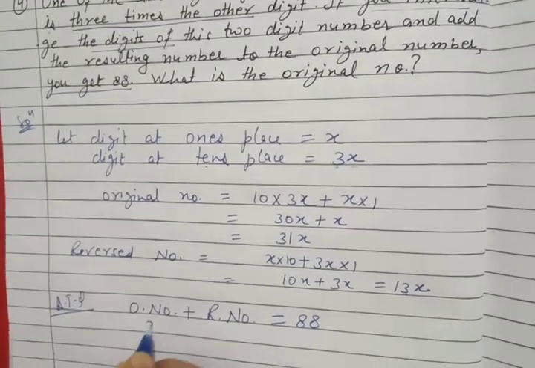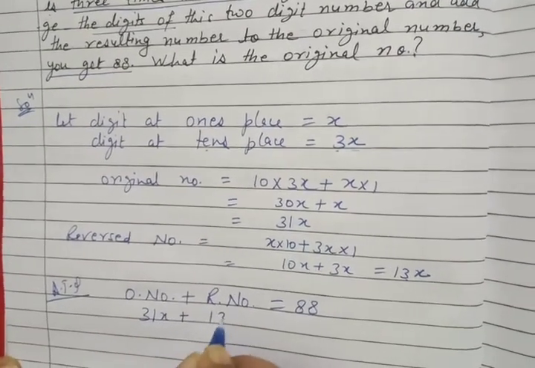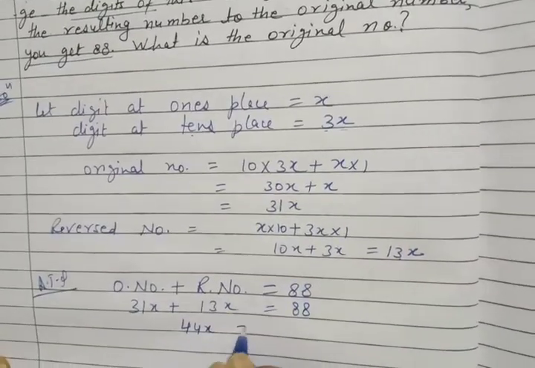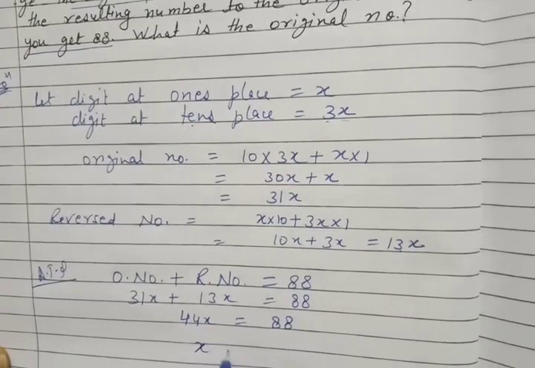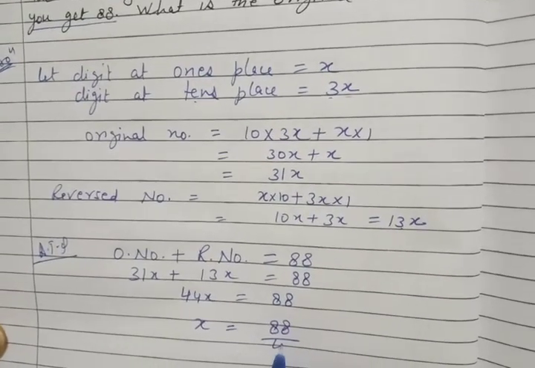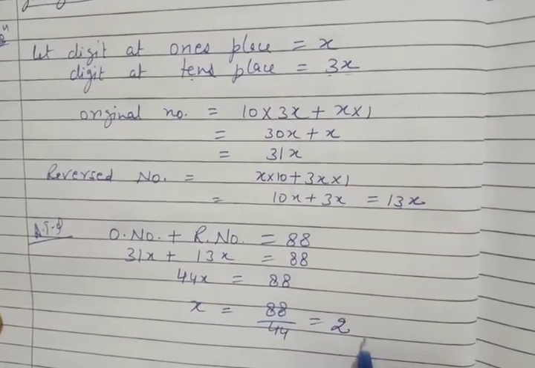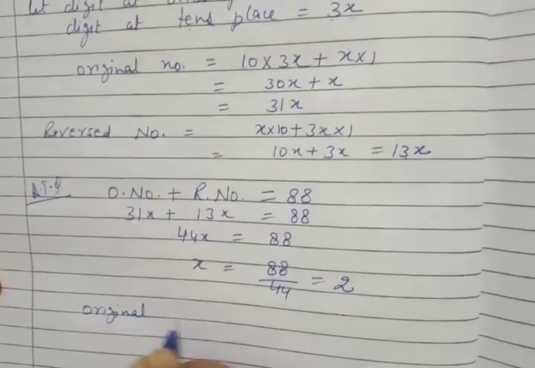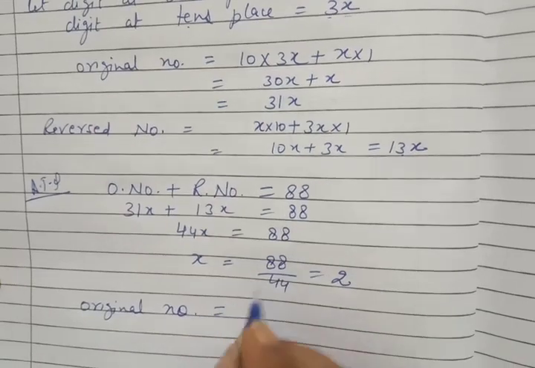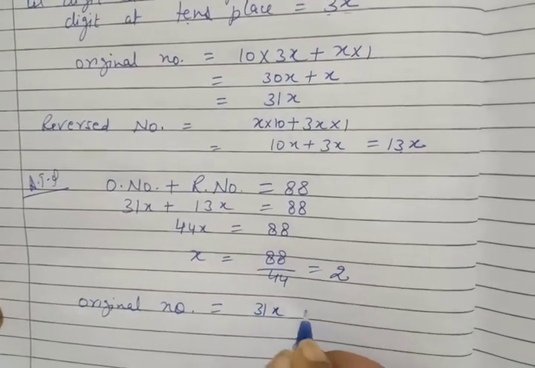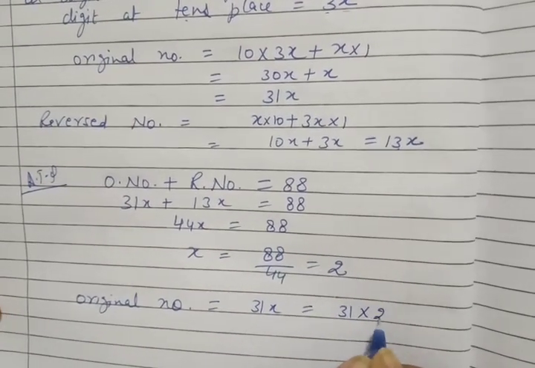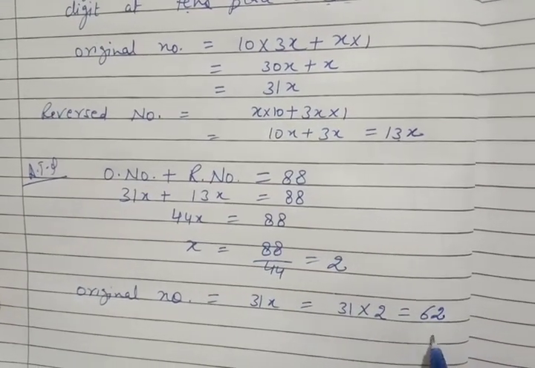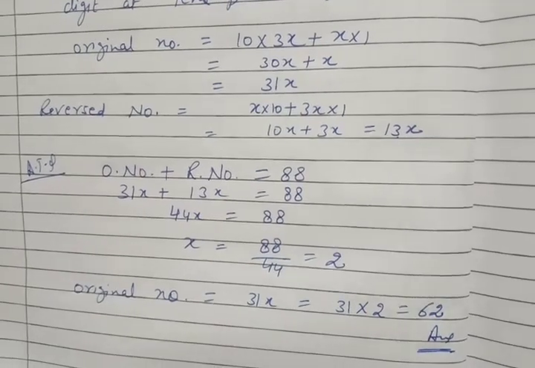This is 31x, this is 13x, equals 88. 44x equals 88, x equals 88 by 44, which is equal to 2. So original number is equal to 31x, which is 31 multiplied by 2, which is equal to 62. This is our final answer. What is the original number they have asked?